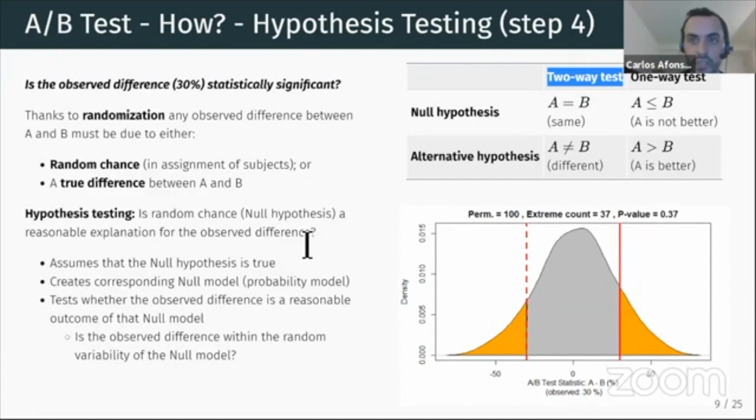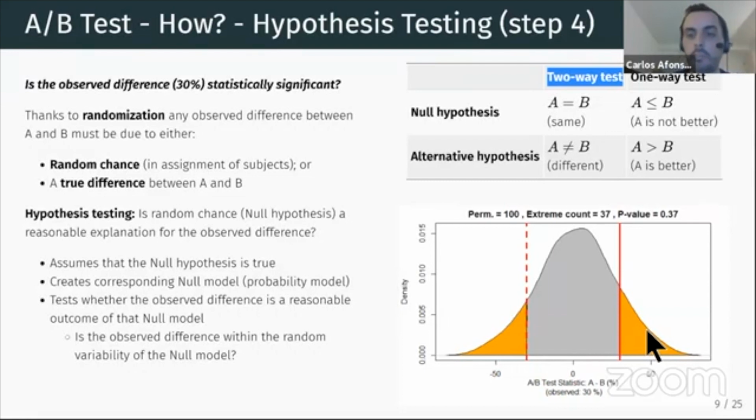And the hypothesis testing process is: we assume the null hypothesis is true, we create the null model, the probability model that represents that null hypothesis, which is this curve here. And then given that null model, we look at the observed value, which in this case was 30%, and we look at the values that are as extreme or more to compute the p-value. Okay? To see how many of the values in our null model are as extreme or more extreme than what we observed.